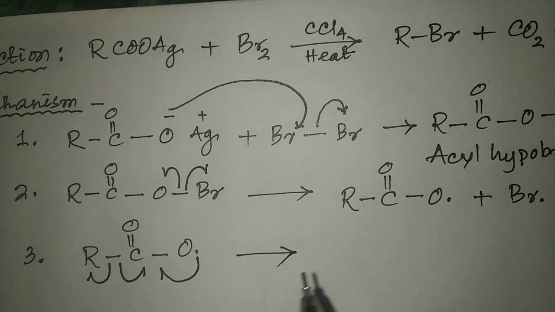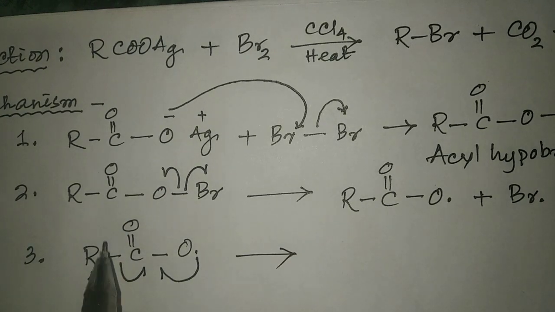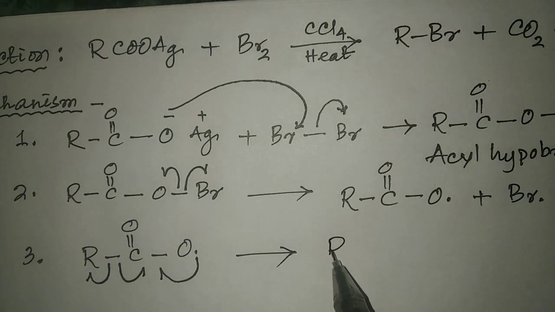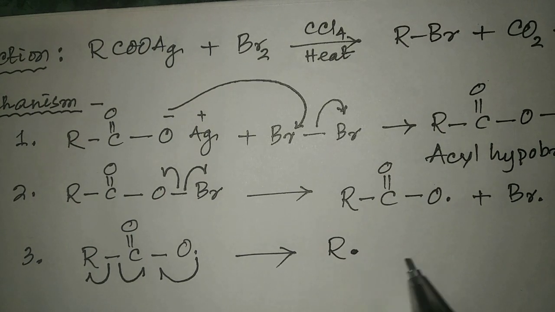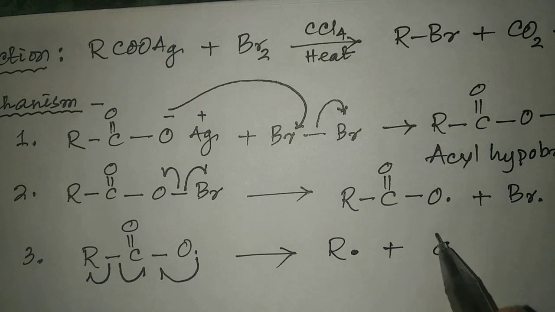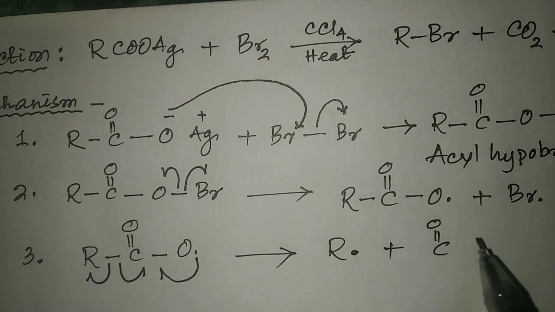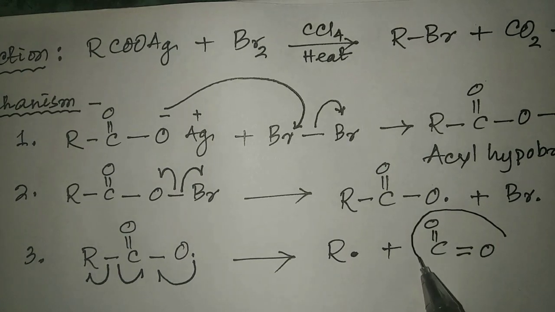As a result of this homolysis, you will get one alkyl free radical plus the carbon-oxygen double bond. Next, another double bond will be formed with oxygen, such that this is your carbon dioxide molecule.